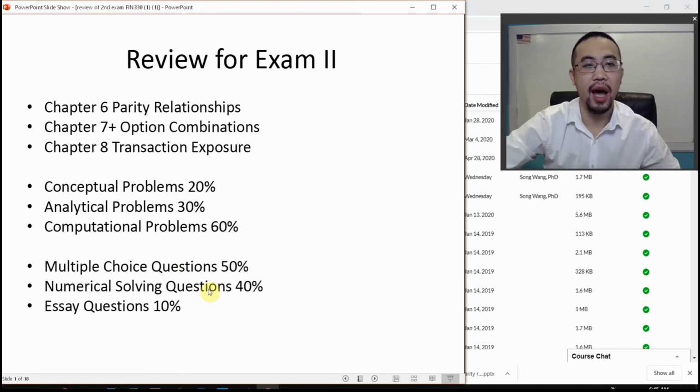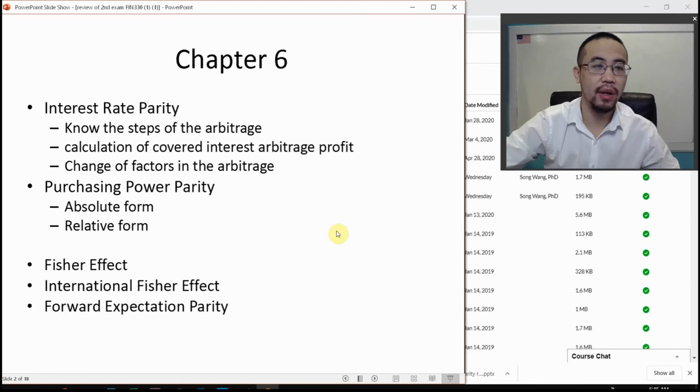In terms of types of questions, you will have multiple choice questions, numerical solving questions, and also essay questions. All right, chapter 6 is about parity relationships. We have learned three core parity relationships: interest rate parity, purchasing power parity, and the Fisher effect.